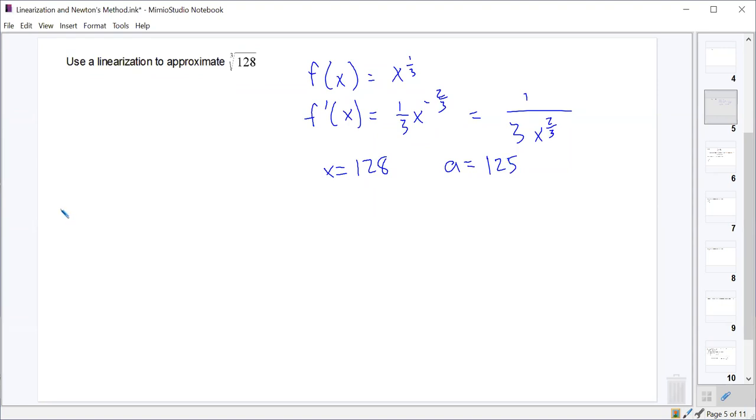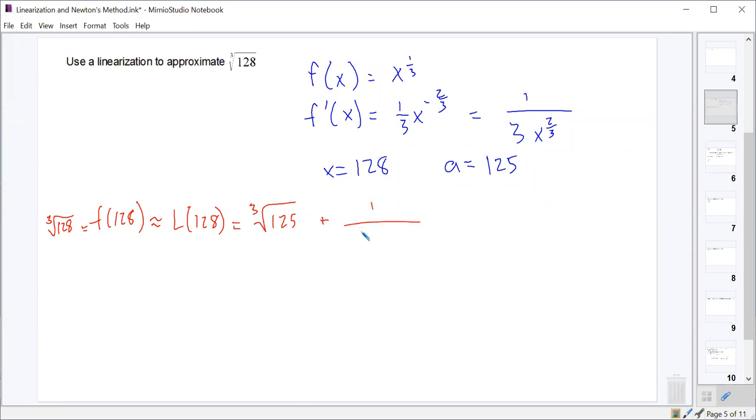So we can say then that the cube root of 128 is f of 128, right? Which is approximately equal to the linearization at 128. And the linearization ought to be f of a. So that'll be the cube root of 125 plus f prime of a.